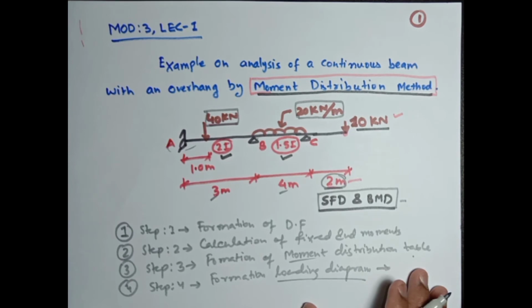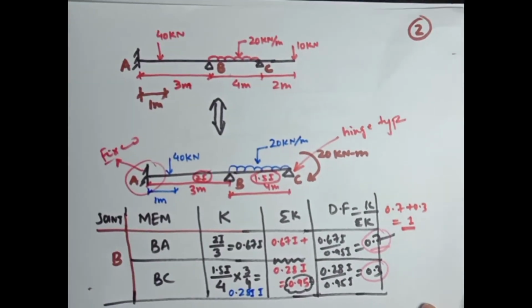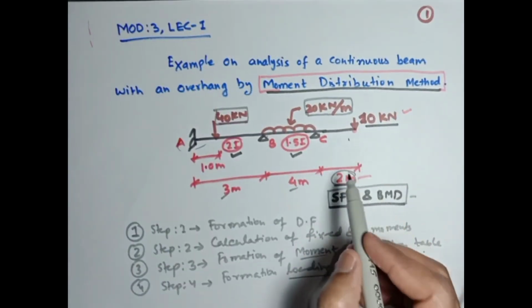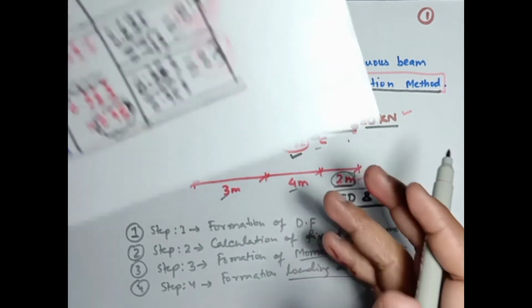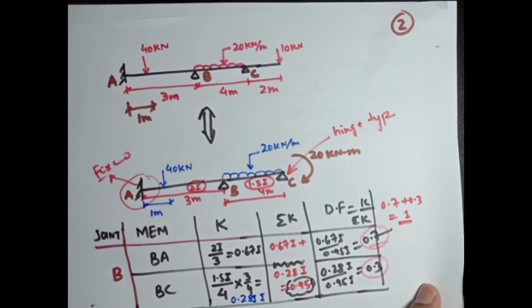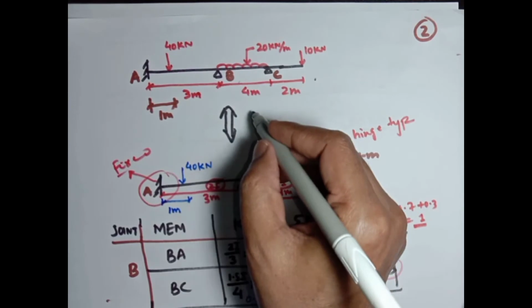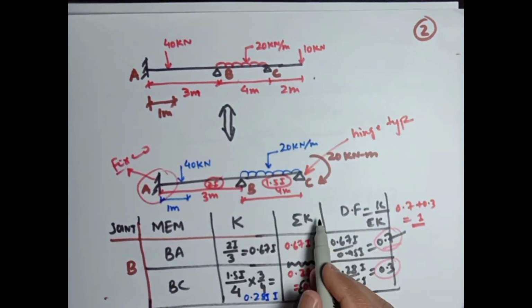Now I am going to follow step first, formation of distribution factor. This is the beam with an overhang length of 2 meter. The overhang is from support C. Now we are forming the same beam here, but this beam will be converted by removing the overhang length of 2 meter.